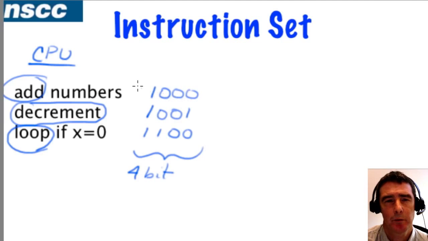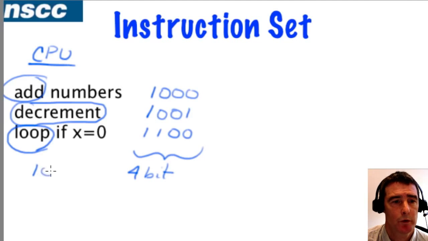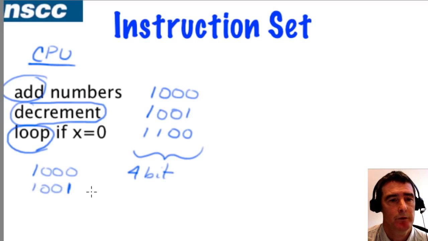And I could even have combinations. Some instructions may be longer than just 4 bits. If I'm adding a number, I may want to put the number alongside it. So my whole instruction might be add, but then I might have a 4-bit number for the number that I want to add. So this is the number 9. So this might be add 9 to something. So some instructions could be double what are called words.